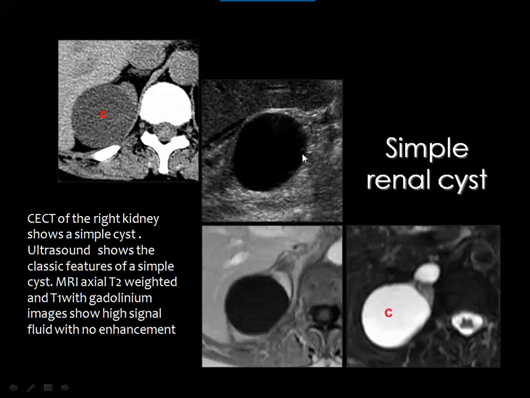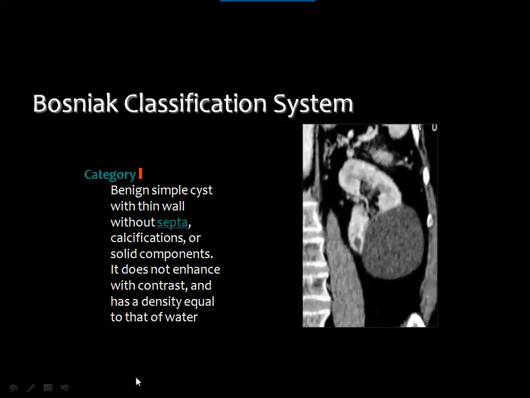This is the ultrasound appearance of a simple renal cyst with posterior acoustic enhancement, which is typical. Simple renal cyst by CT is a fluid-containing lesion; by MRI, low signal in the T1 and high signal in the T2 weighted images. The Bosniak classification of the renal cysts includes 4 categories.